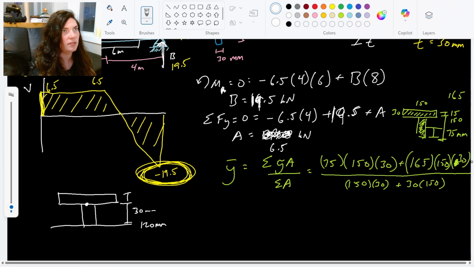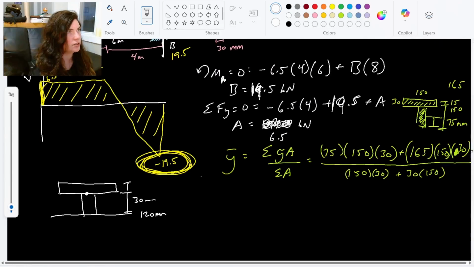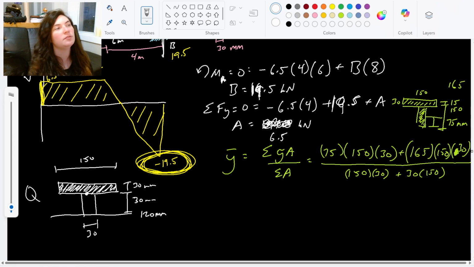And then they gave us the top of this T is also 30 millimeters. And then this is 150 by 30. And so to find this Q, I'm looking at just this area above the point of interest. Just this area here.